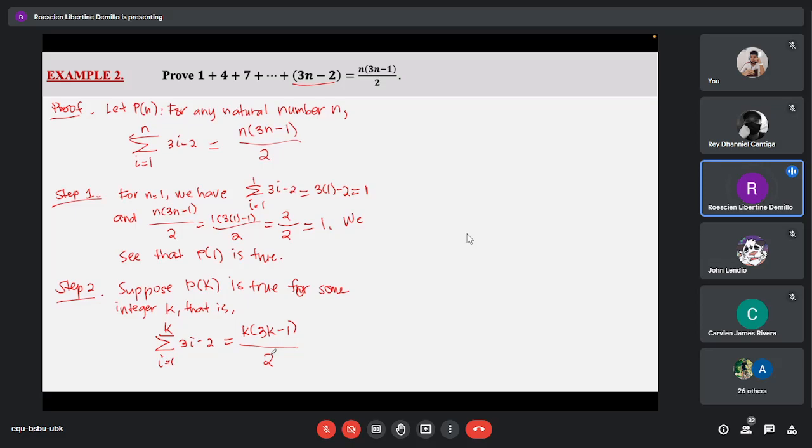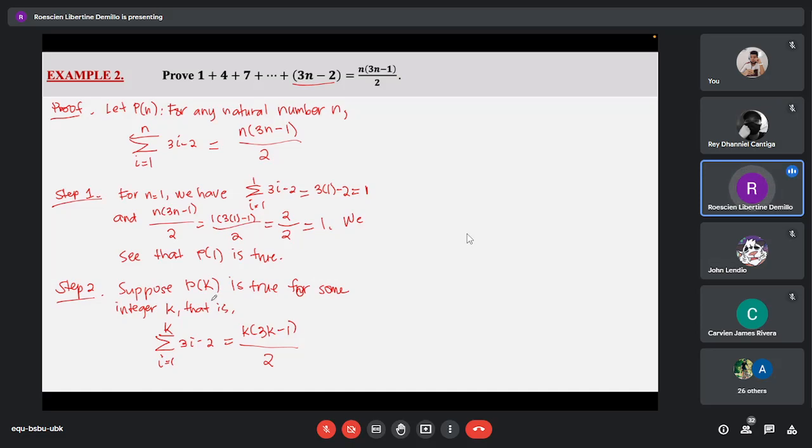Now, class, what we just did here is we simply substituted k for n. We replaced the n with k. That's it, class. Now, let's proceed with step 3.